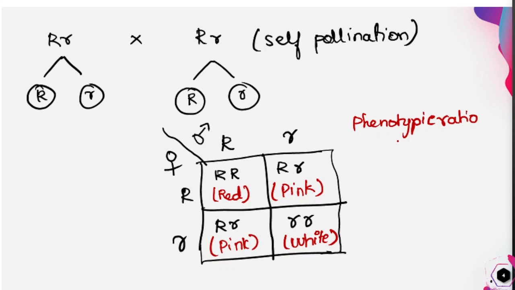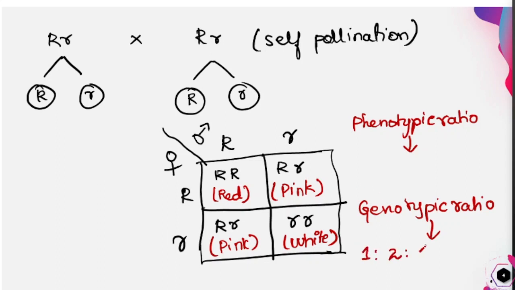What is the phenotypic ratio of monohybrid cross? It is 3:1. What is the genotypic ratio of monohybrid cross? It is 1:2:1. So here also the genotypic ratio is the same as monohybrid cross. Here also it is 1:2:1 only.